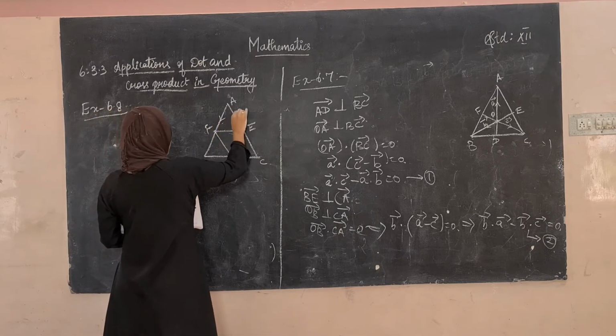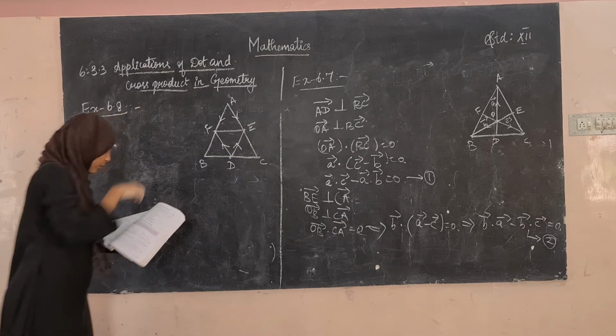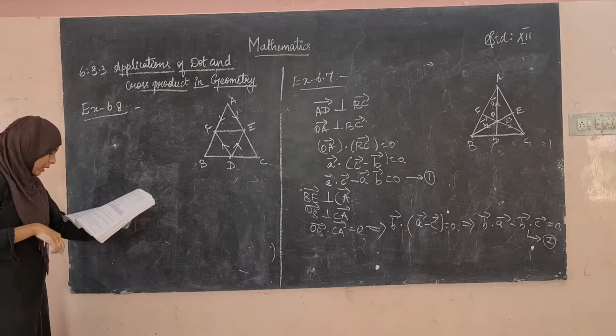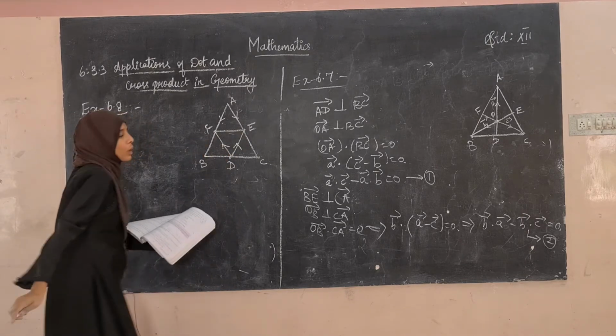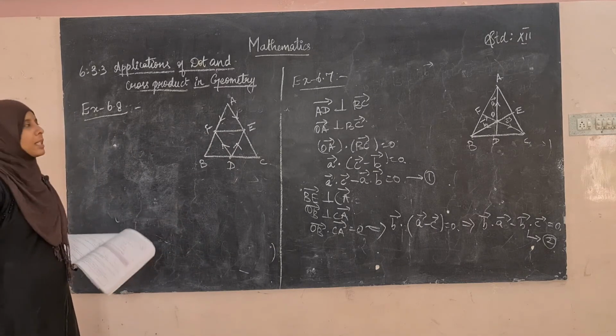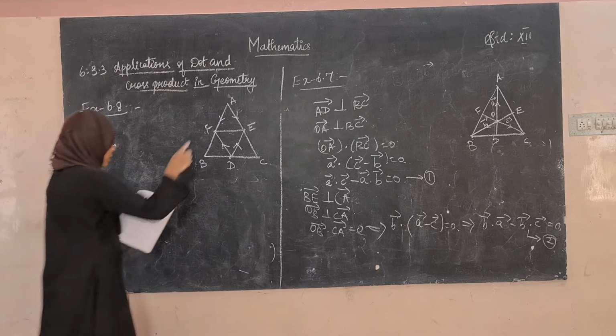So they are considering A as the origin. So these are the direction of the vectors. Using vector method, show that area of the triangle DEF is equal to 1/4 of the area of the triangle ABC. So for that we are taking A as the origin.